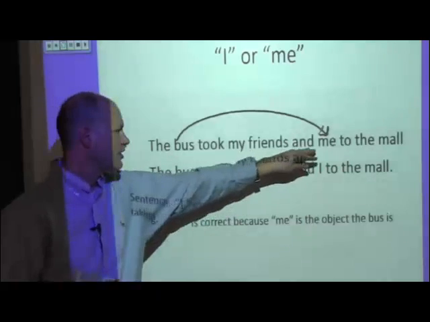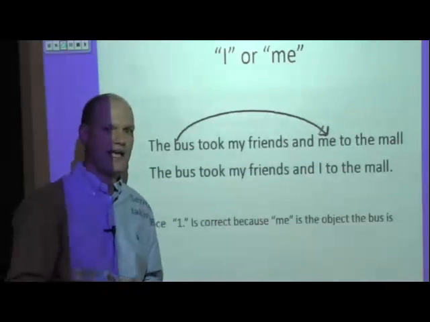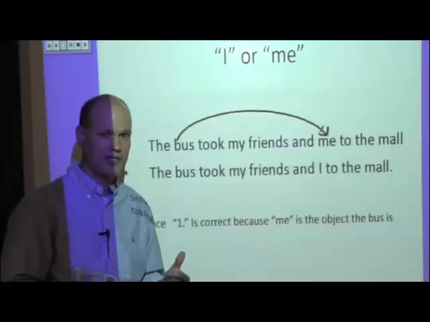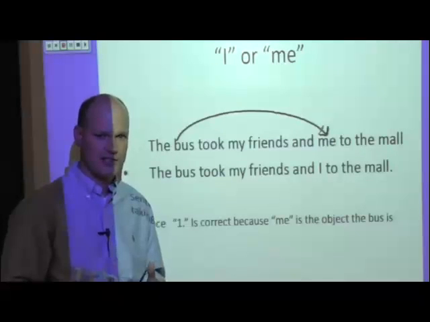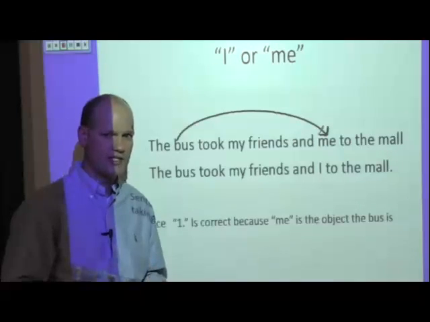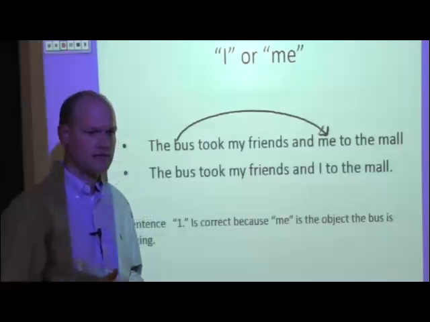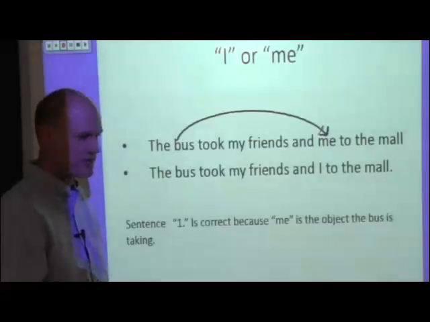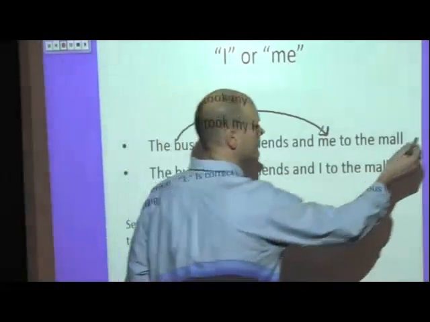Depending on the sentence, if it's near the end, chances are it might be the object, where me would be correct. You have to ask yourself, is this the object of something being done or is it doing the action itself? If it's doing the action, you're going to use I. And if it's the object of some action or something happening, you're going to use me.